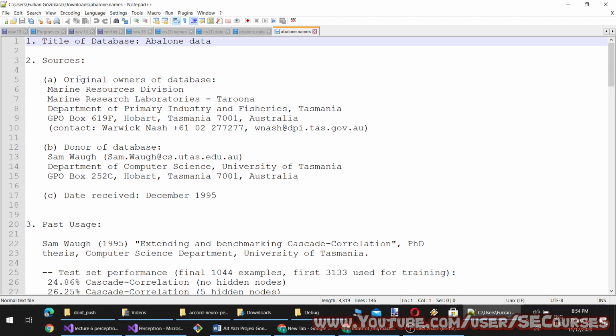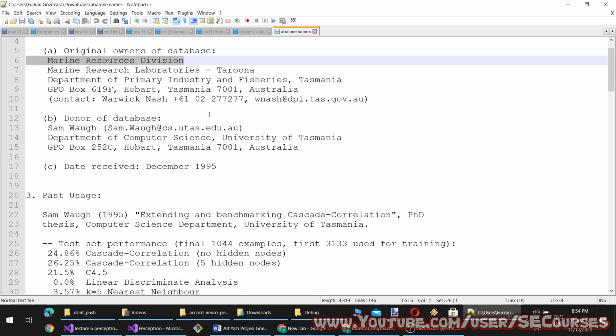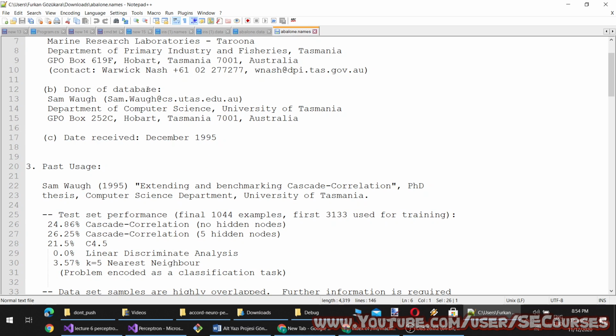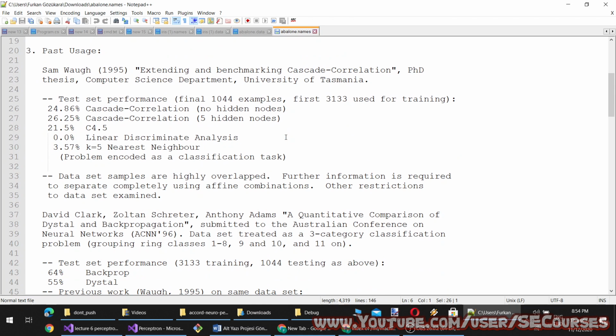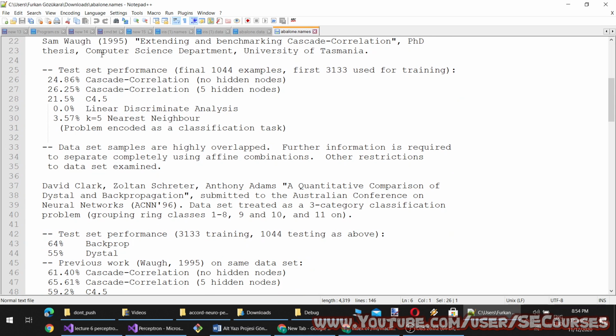So you see the original owner of the database is the Marine Resources Division. This is a real dataset. This is not something that is made up for showing purposes. Okay, date received, past usage. There is already research on this dataset, of course.